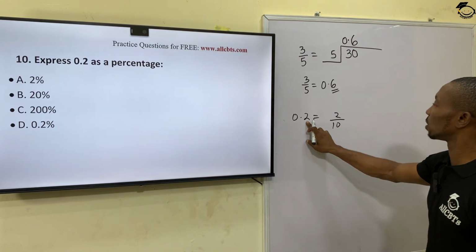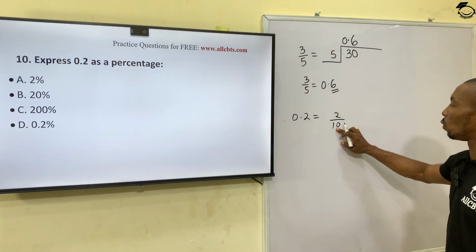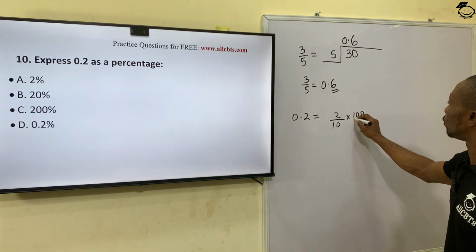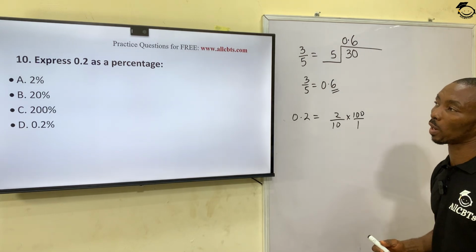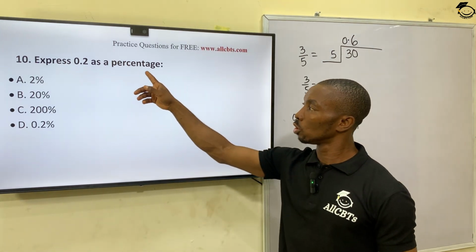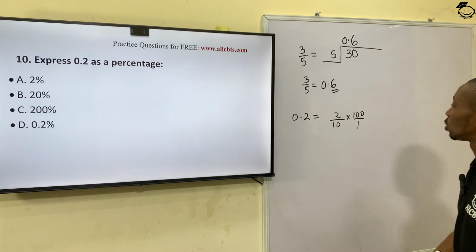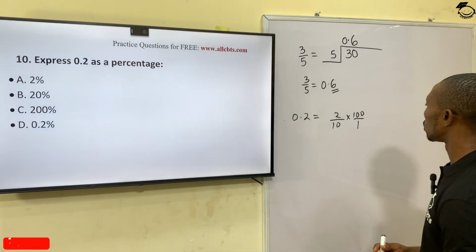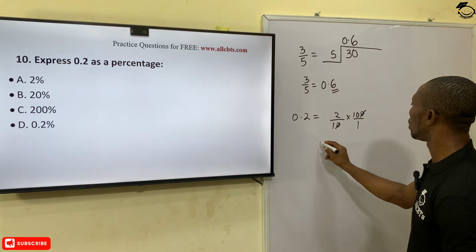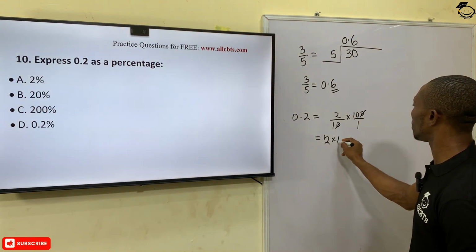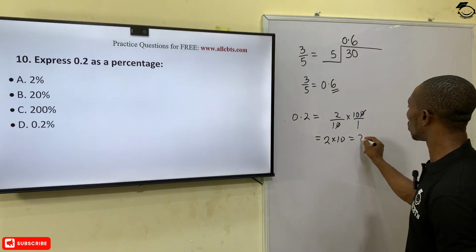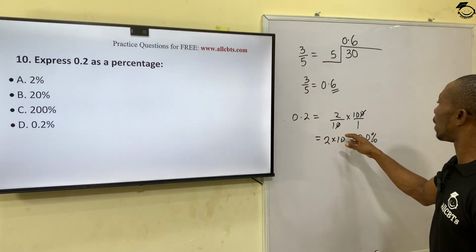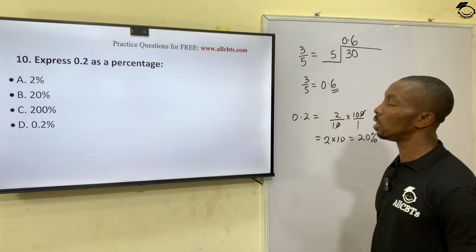Since we have one digit after our decimal point, we are having 10 below, times 100 over 1. Since we are asked to express as a percentage, we multiply the fraction by 100. So this becomes 0 cancels 0, leaving us with 2 times 10, which gives us 20%. So 0.2 as a percentage would be 20%.